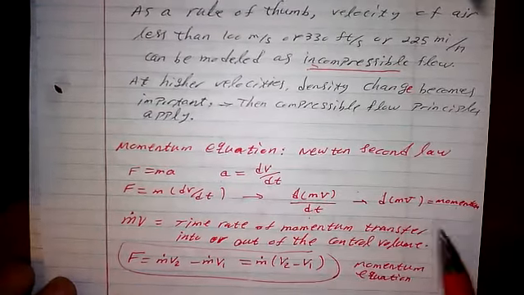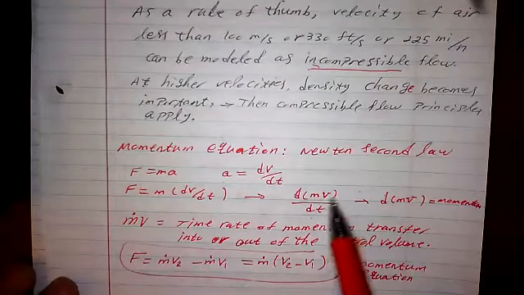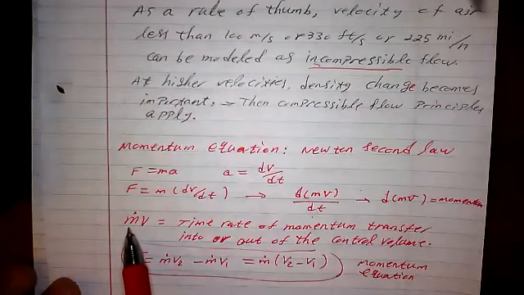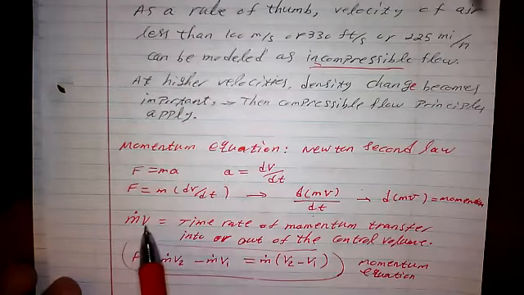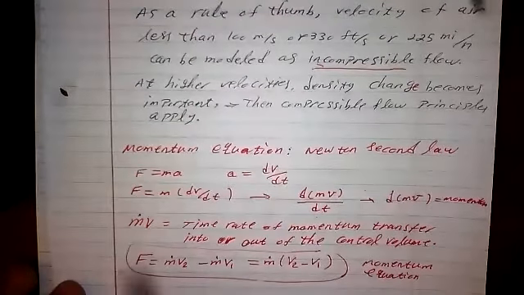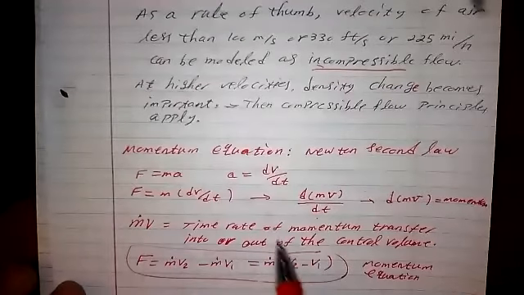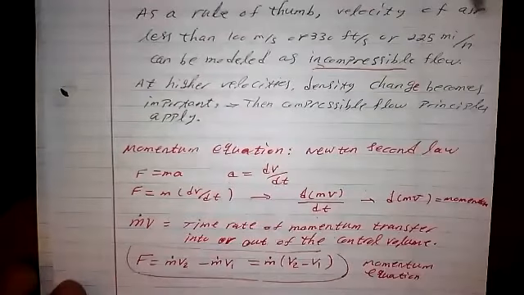We can also say that with respect to time, we have a time rate of momentum transfer, m dot v, where v is velocity. I wish they would use different nomenclature. So m dot v equals the time rate of momentum transfer into or out of the control volume.